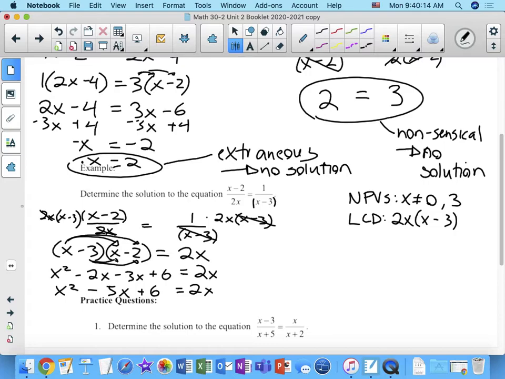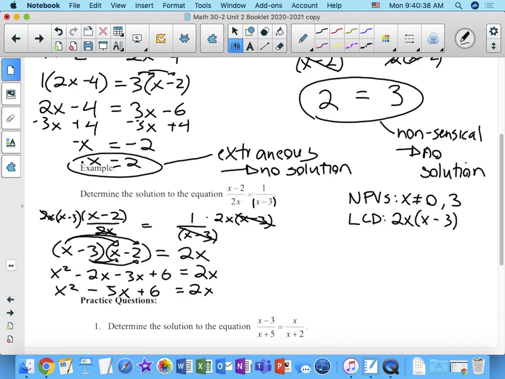Okay, so what type of an equation is this one? Quadratic. Okay, so we've got to solve a quadratic equation now. All right, so what do we need to do here to solve the quadratic equation? Yeah, we got to equate one side to 0, right?